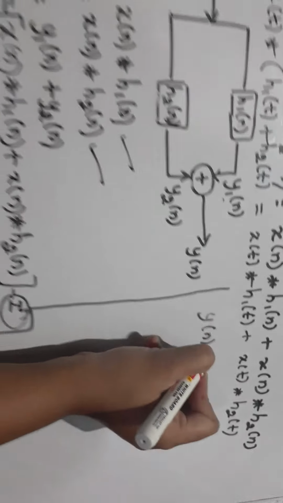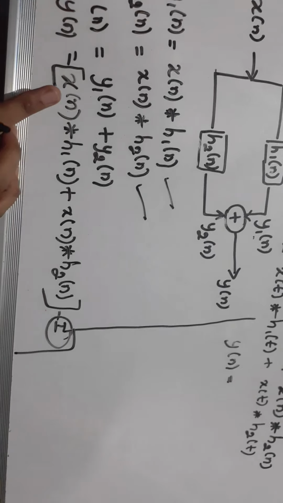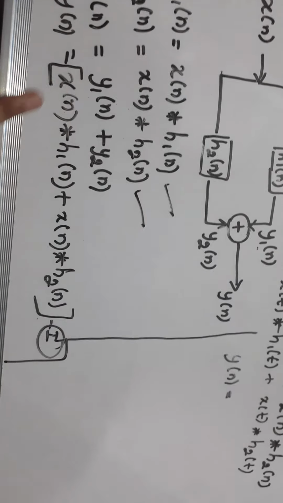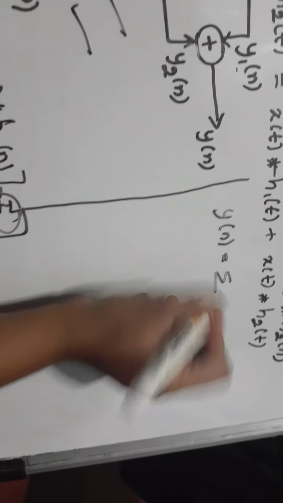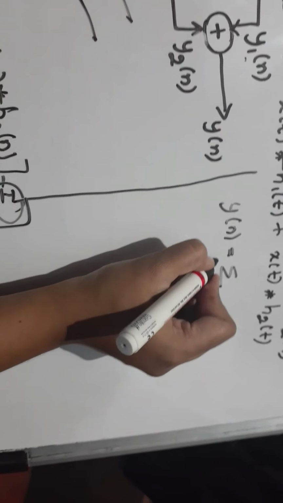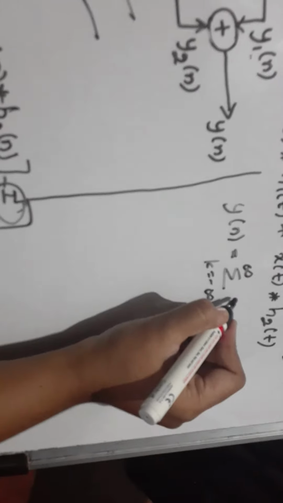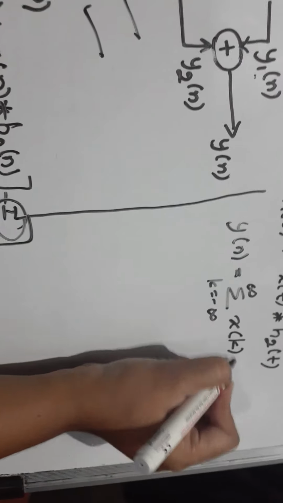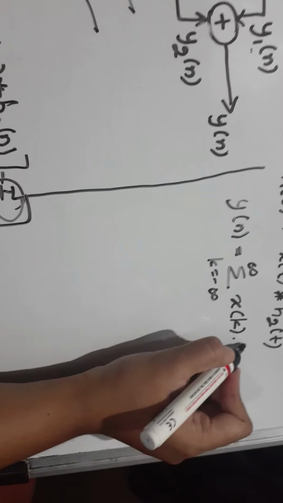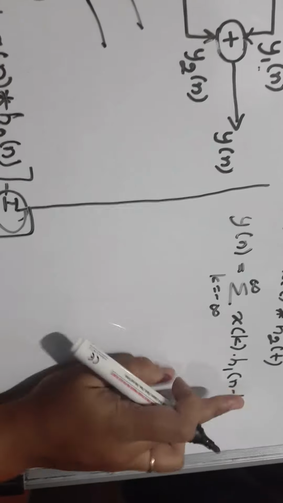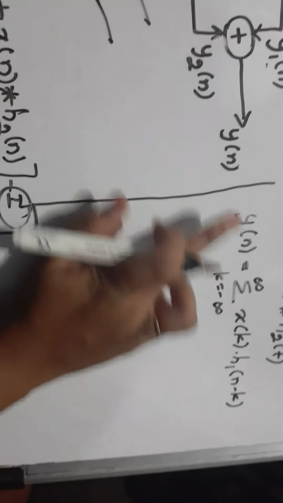According to this, y of n is equal to x convolved with h1. For convolution, we will write the formula. Summation k from minus to plus infinity. First signal is x and second signal is h1 of n minus k. Earlier we used to write h of n minus k as a general formula.